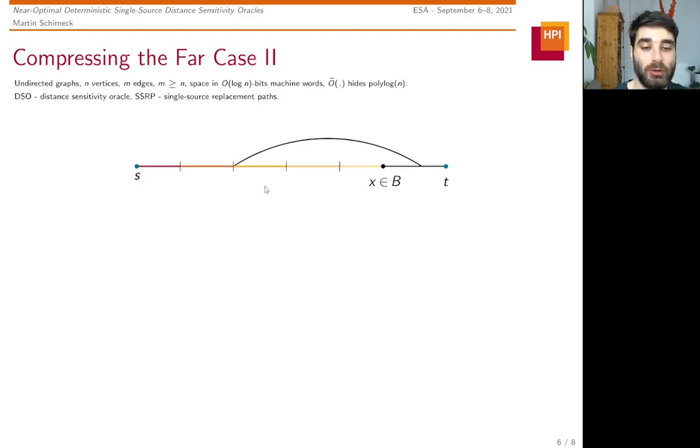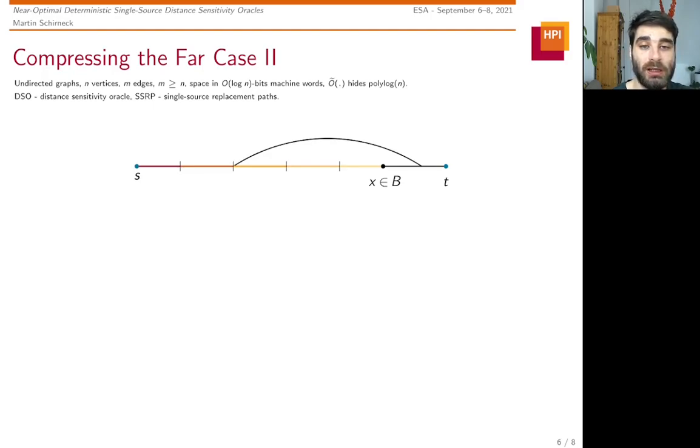It skips not only the first few edges here, but the whole part until the pivot X. So the later edges here can only have at most the same replacement distance as those up in front. And if you do this for every replacement path in the far case 2, you get the monotonicity property.